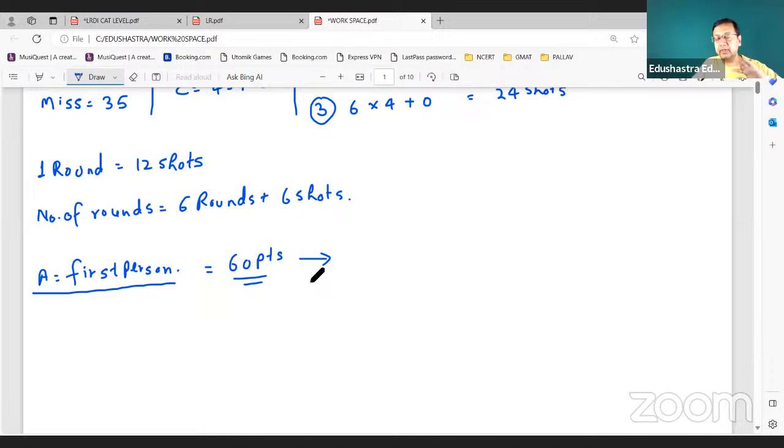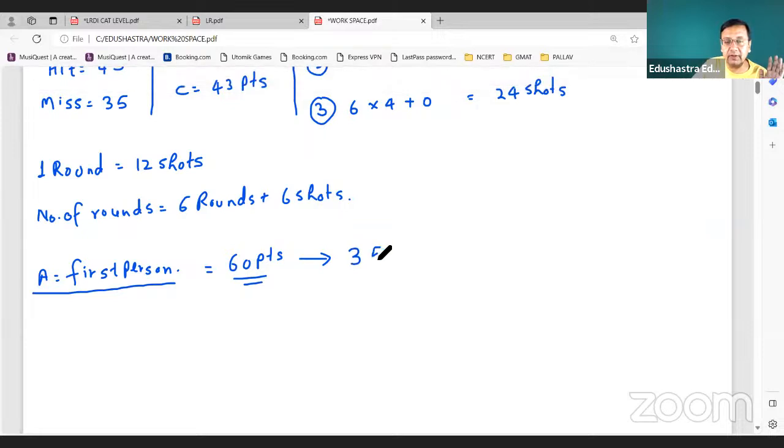So if B and C miss all the 35 targets, A is getting 35 points from there, missed by B and C. Done. Total 60 points are there.